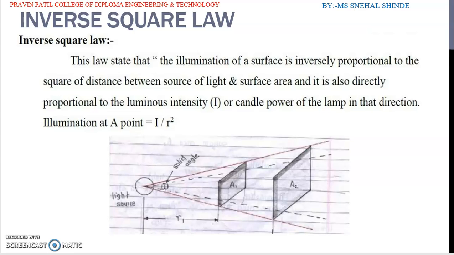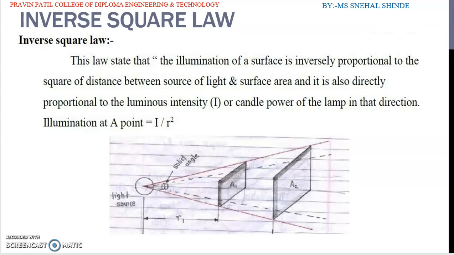So this is the statement of the inverse square law. And in this figure, illumination at a point is given as I divided by r square.